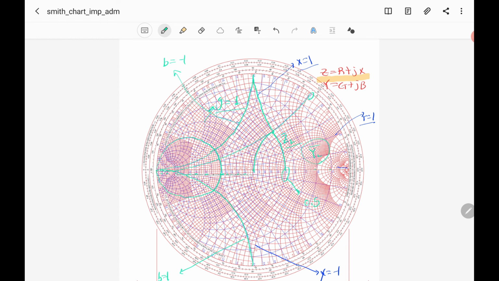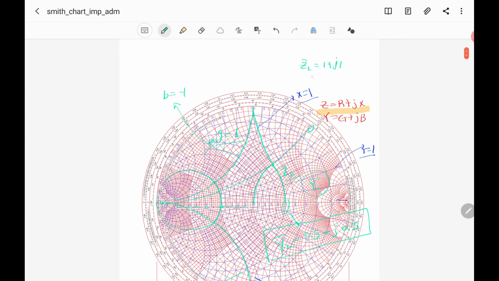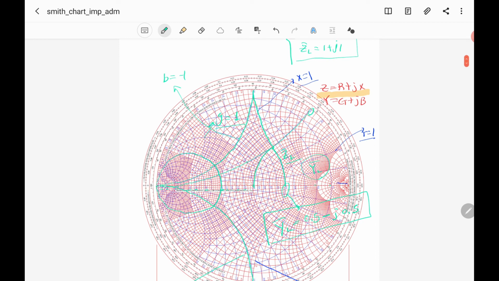Because I said this is the negative side for B, so minus J 0.5. So this is YL, right? This is the inverse of normalized ZL, it is the same as this. So through this impedance and admittance circles and lines, we can easily get ZL and then YL.